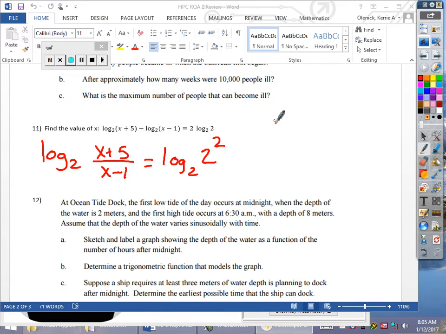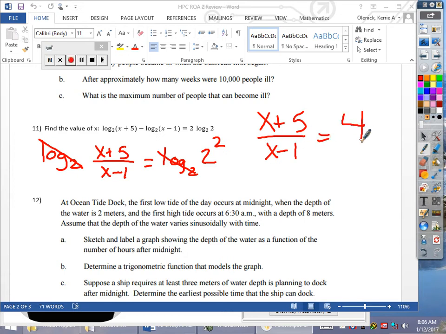Come on, what can I do? Jasmine. Yeah, we're going to make that 4 in a second. Okay, what do both sides have, though? So I can go ahead and cancel it. So then I have x plus 5 over x minus 1 is equal to 4.